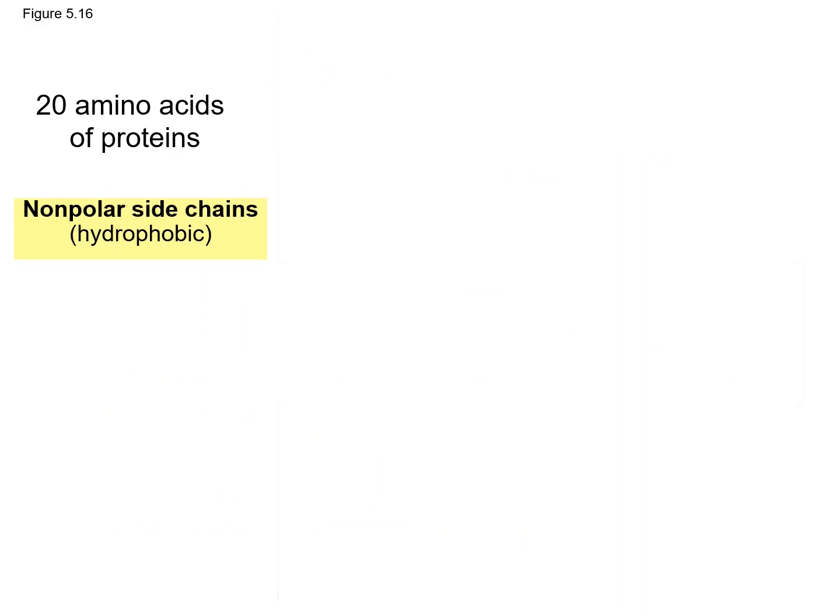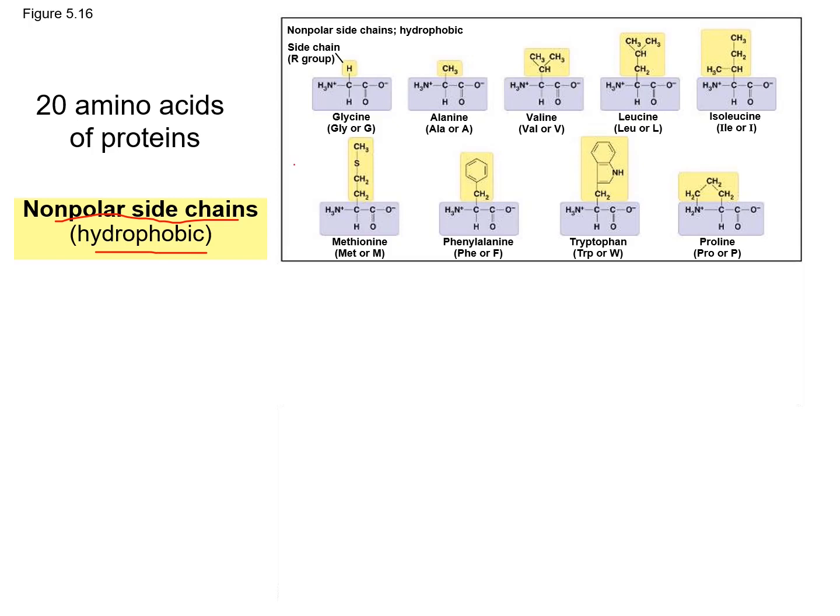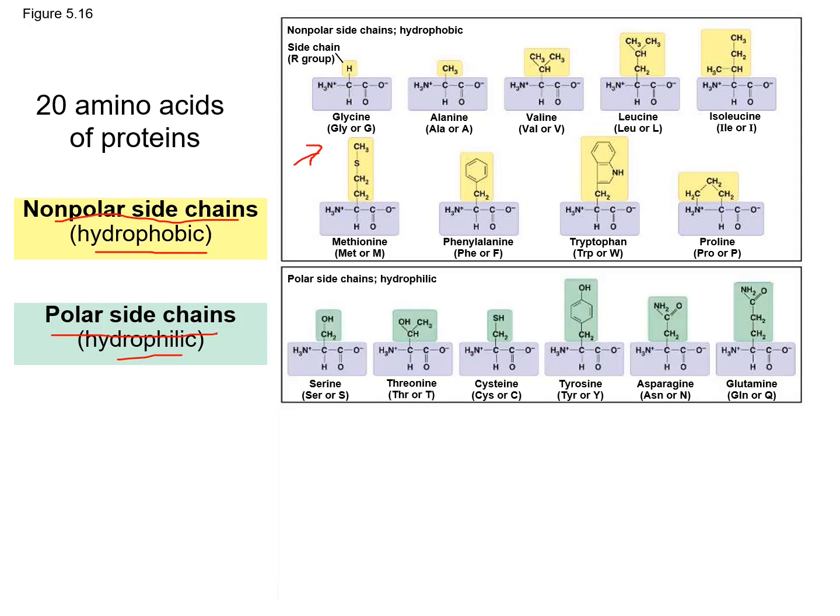We're going to talk about the types of amino acids. There are some amino acids that are non-polar in the side chain, so they are hydrophobic, like these ones. There are ones that are polar, and as they are polar, they're hydrophilic, like these ones.